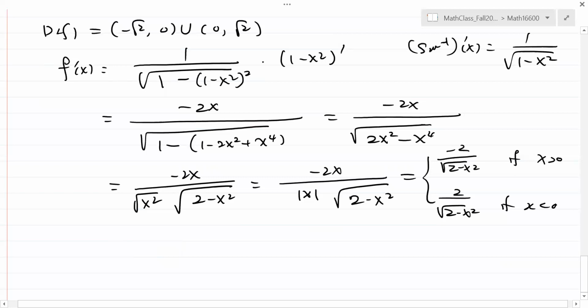Because look at 2 minus x squared. X cannot be 0. 2 minus x squared must be positive, then absolute x must be less than square root 2. So it's obvious the domain of the derivative is the same as the domain of the original function.